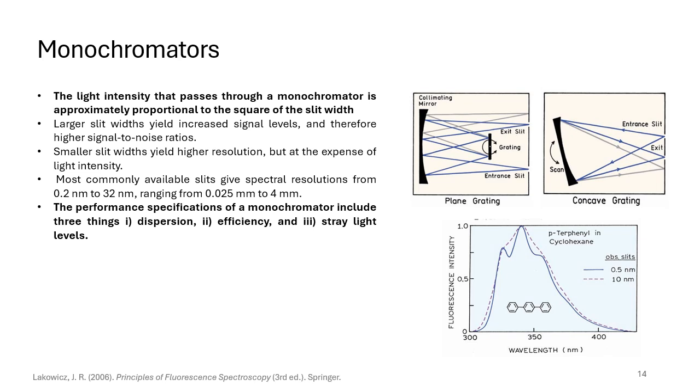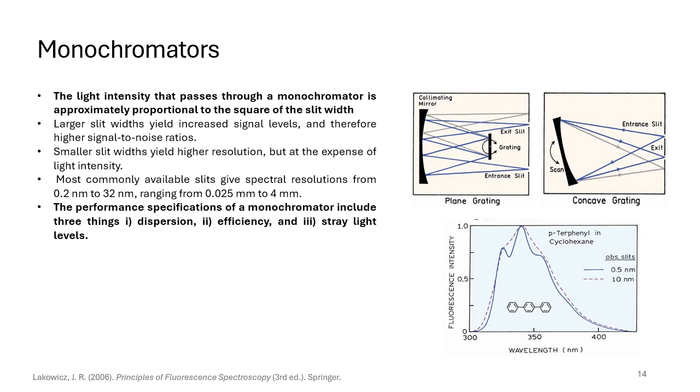Also the slit width is a very important feature of the monochromator. If it has a wider slit, then it increases the signal levels, and therefore it also results in higher signal to noise ratios.